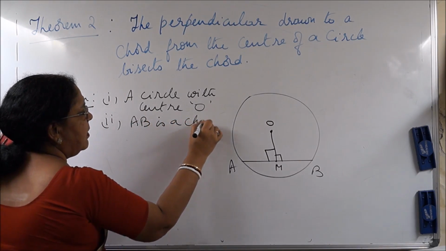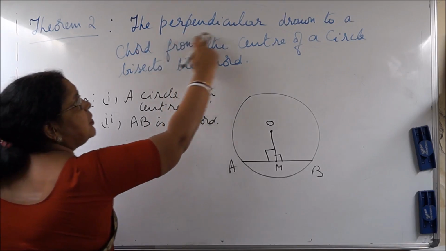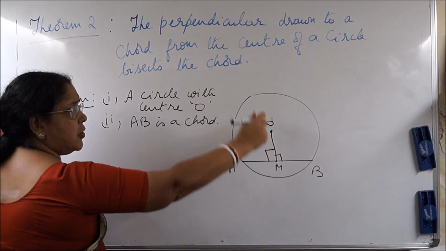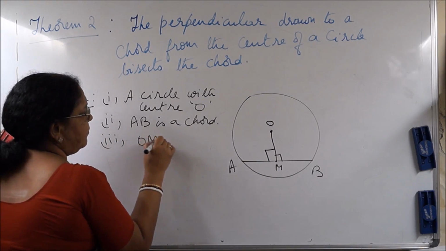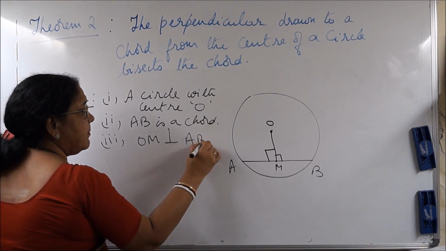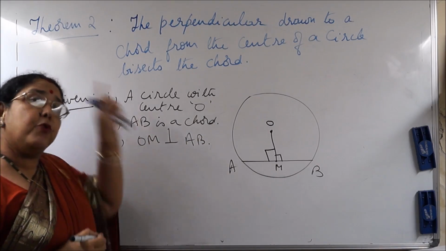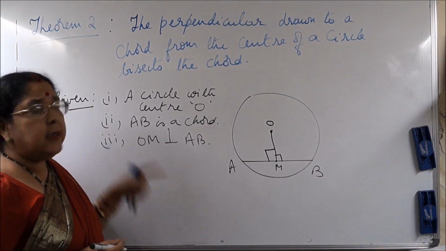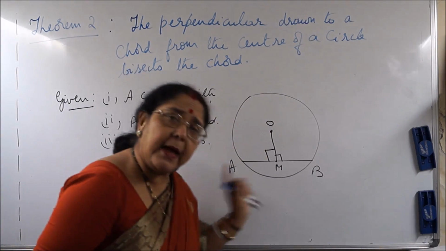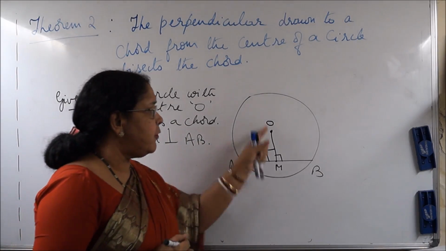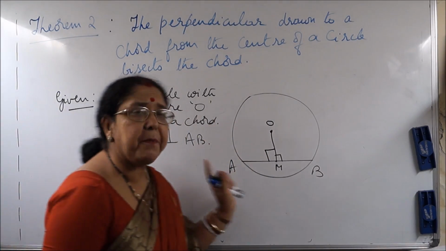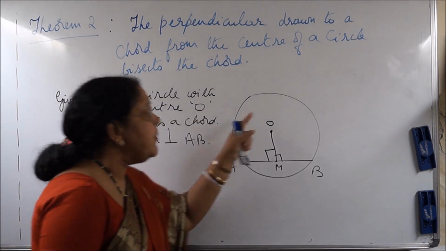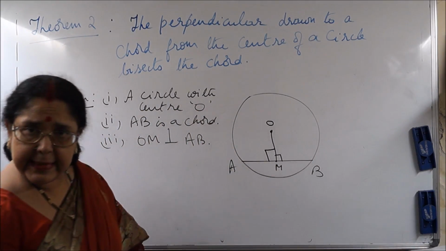The other thing we know is the perpendicular drawn to a chord, so OM is perpendicular to AB. In the earlier theorem we proved that OM, a line bisecting AB, is perpendicular to AB. Now we know OM is perpendicular to AB and we will prove that OM also bisects AB.